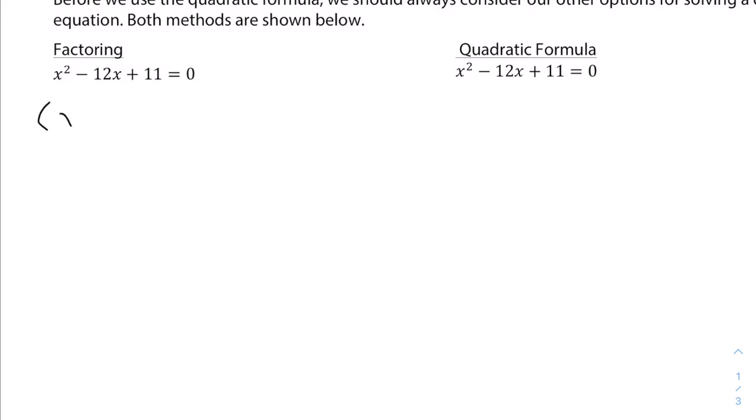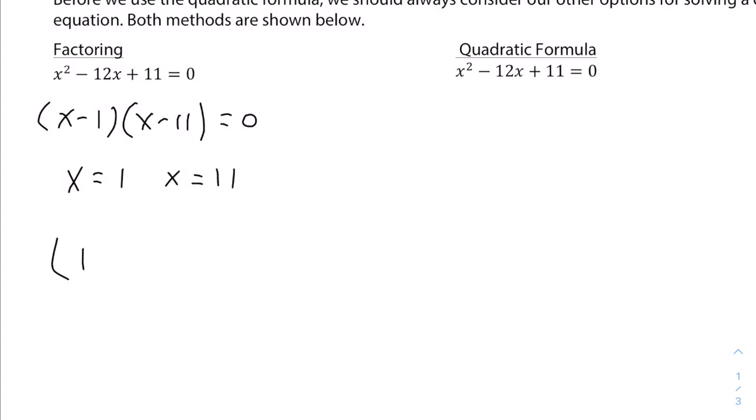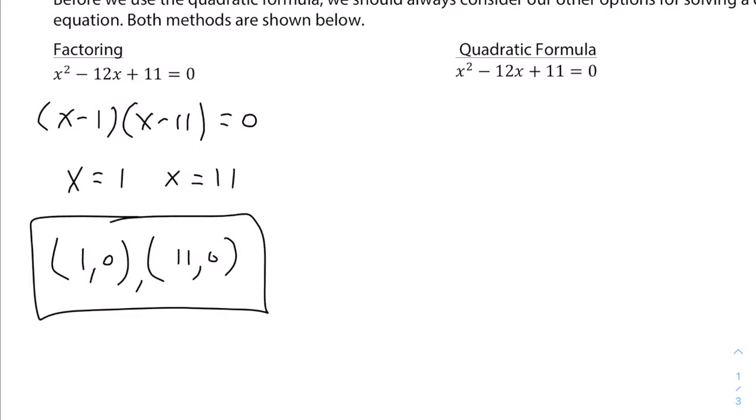So I can write this as x minus 1, x minus 11 equals 0, and it's minus because it's a -12. And so that means my x's are 1 and 11. So I have 1, 0 and 11, 0 for my two answers. Super fast and simple if you choose the factoring method.